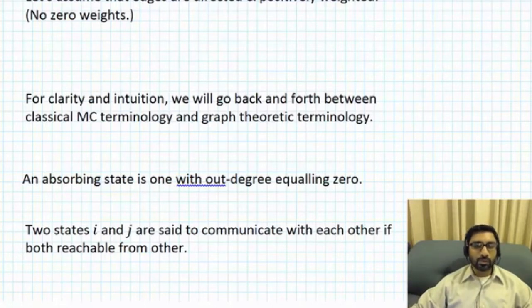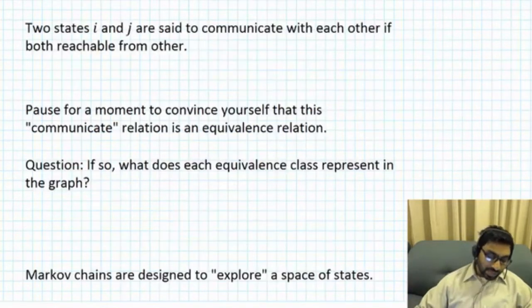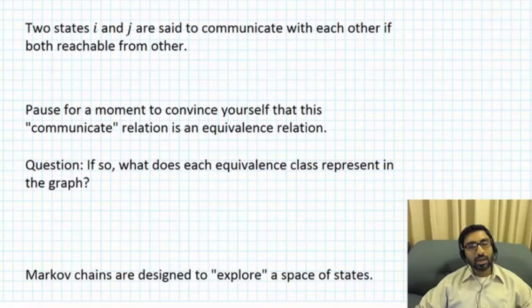From the point of view of gaining a better intuition about what is going on, it's better to relate Markov chains and graph theory, the underlying graph theoretic perspective, and keep going back and forth so that it reinforces our intuition. Two states i and j are said to communicate with each other if they're both reachable from the other.